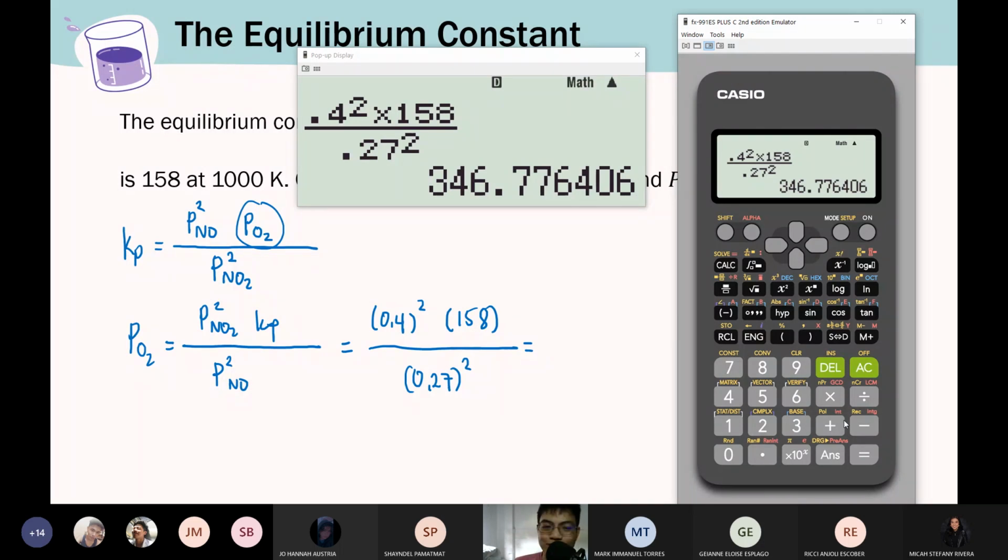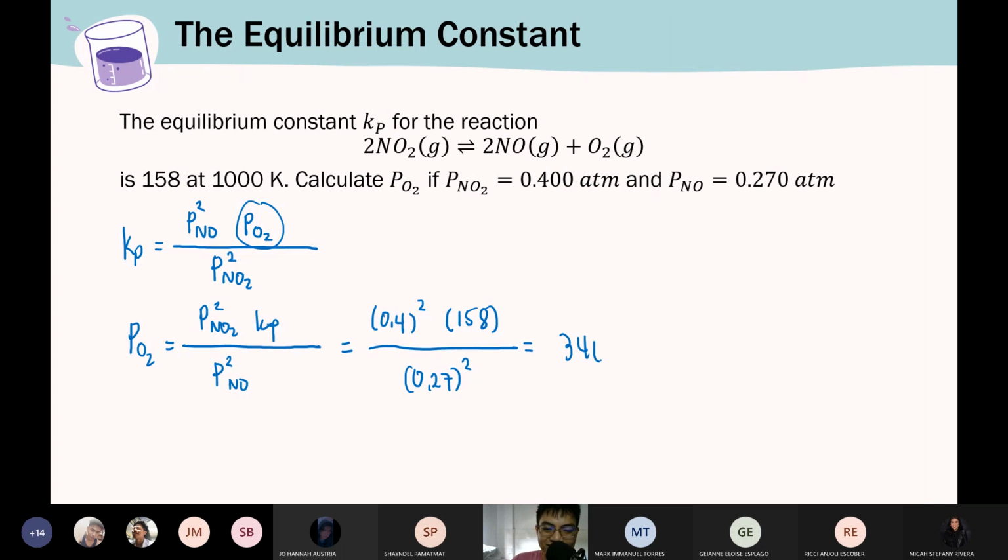346.78. Pero tanungin natin sarili natin: does it make sense? Looking at the K, does the amount of your product make sense, especially oxygen?